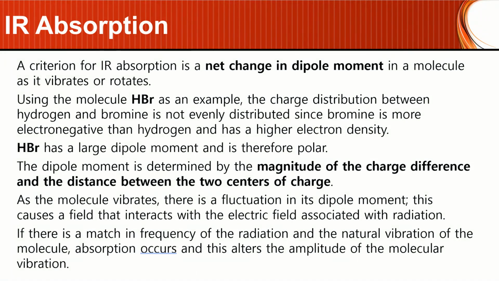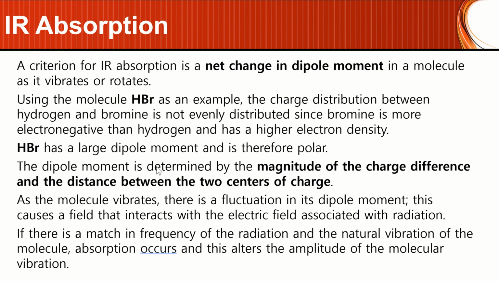Using the molecule HBr as an example, the charge distribution between hydrogen and bromine is not evenly distributed, since bromine is a more electronegative element than hydrogen and has a higher electron density. And so HBr has a large dipole moment and is therefore polar.